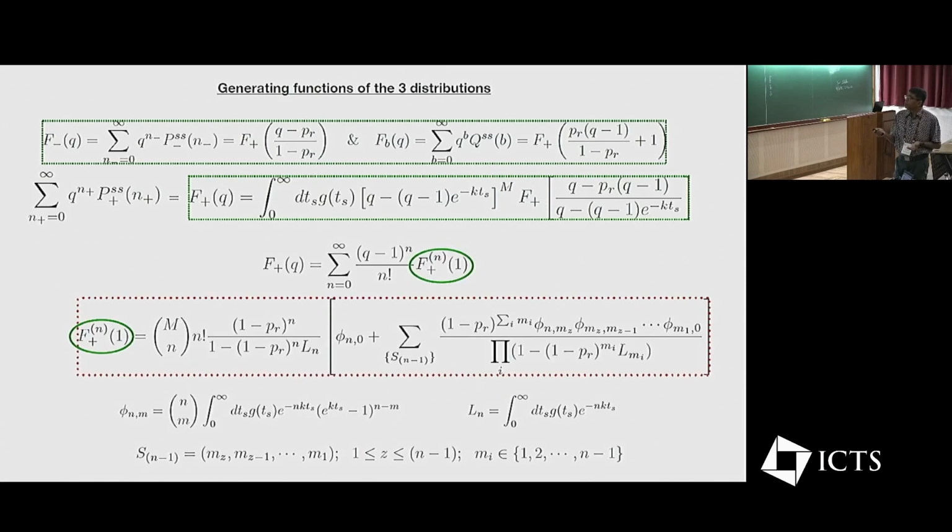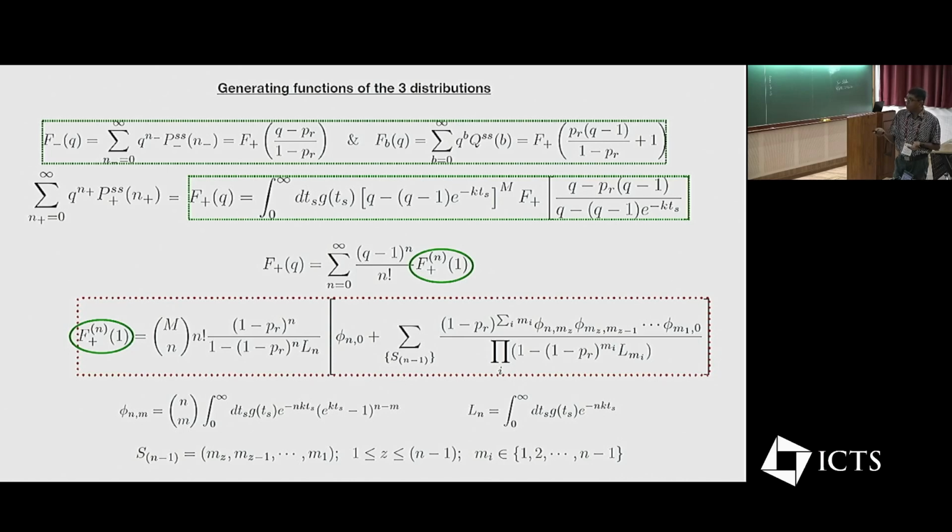Now what is happening here is that this q is getting mapped to another point q prime. This is a homography map, but its fixed point is q equal to 1. So we thought it good to expand the two sides in a Taylor series about q equal to 1, with coefficients f plus n, which we now have to figure out.